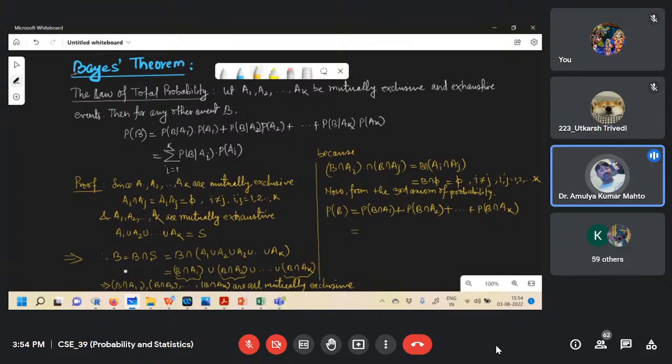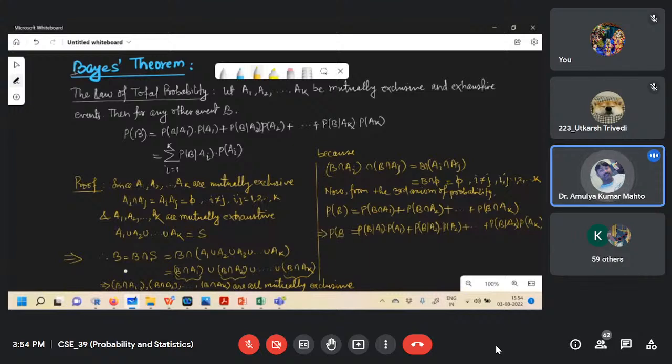Again, you can apply the multiplication rule here. You can rewrite it as probability of B given A1 into probability of A1 plus probability of B given A2 into probability of A2 plus so on, probability of B given AK into probability of AK. Can I write like this?